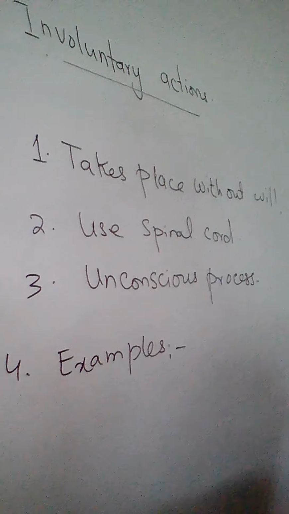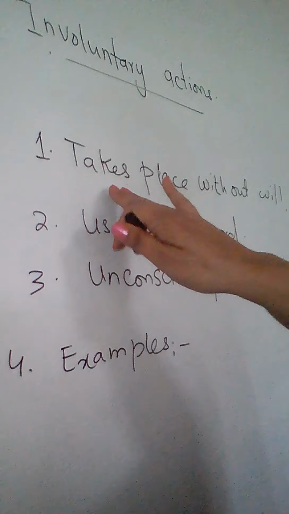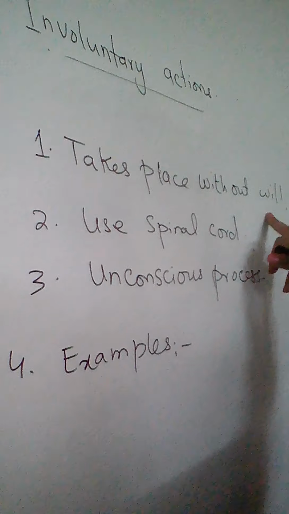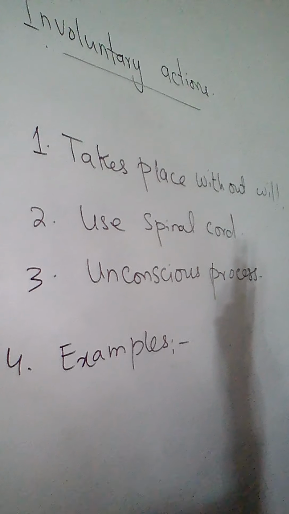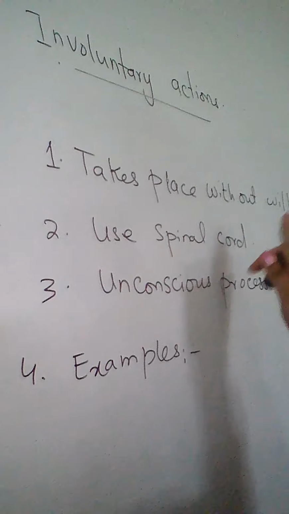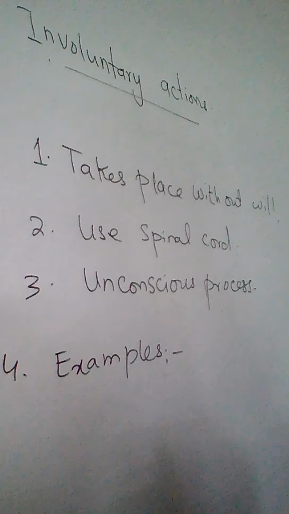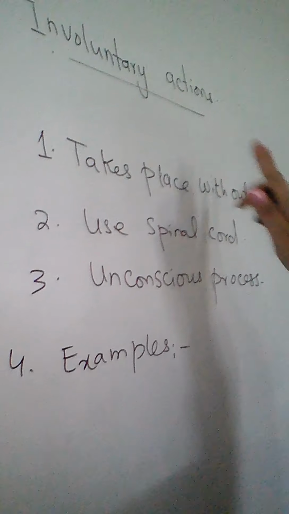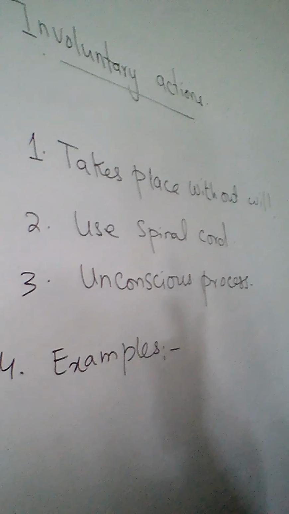For example, we can say that the first point is these actions take place without our will. That is, we don't do them with our will, and these actions are not controlled by our will, and these are done automatically. So we can also say that involuntary actions are the automatic actions.